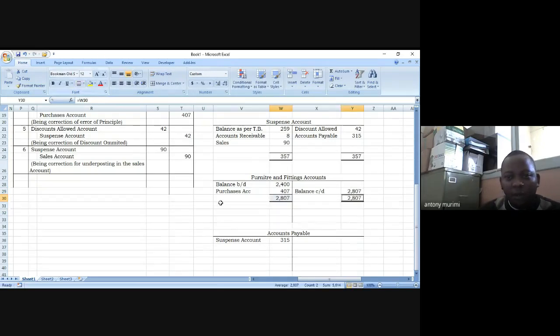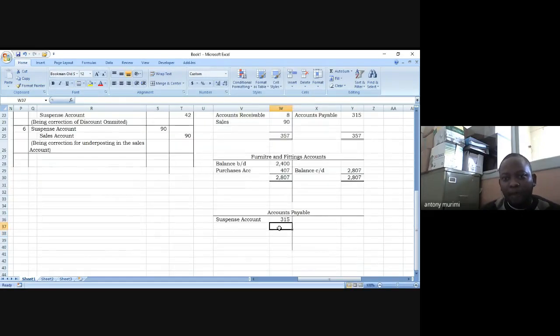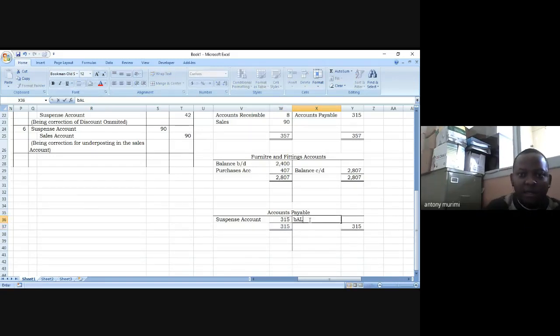I hope you can all see that. And the balance carried down for accounts payable is 315.